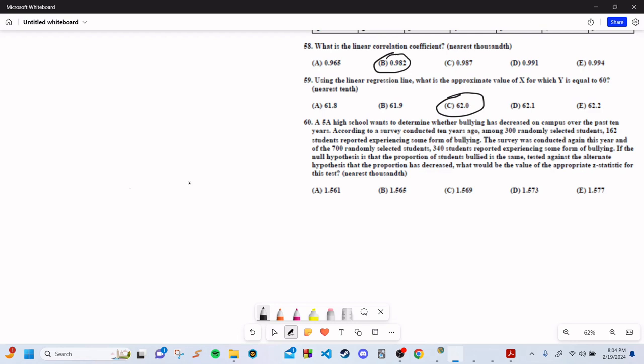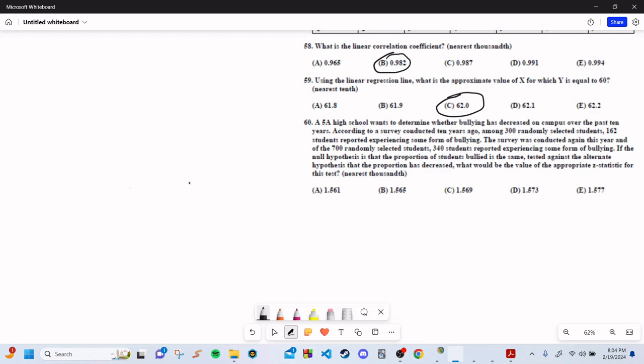The survey was conducted again this year, and of the 700 randomly selected students, 340 students reported experiencing some form of bullying. If the null hypothesis is that the proportion of bullied students has remained the same, testing against the alternative hypothesis that the proportion has decreased, what would be the value of the appropriate z statistic for this test?